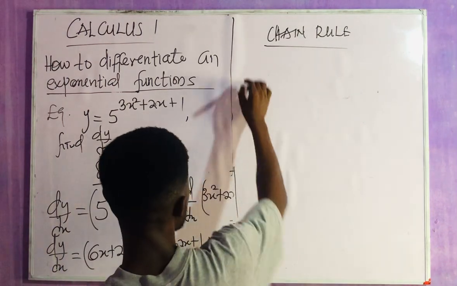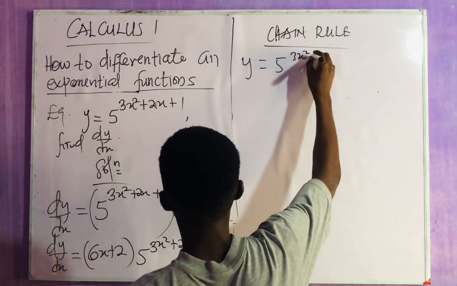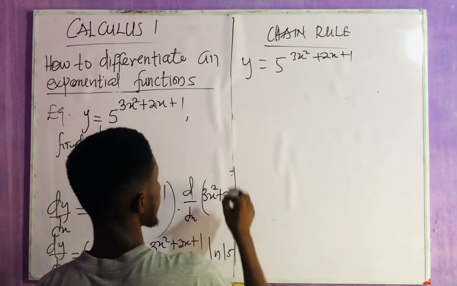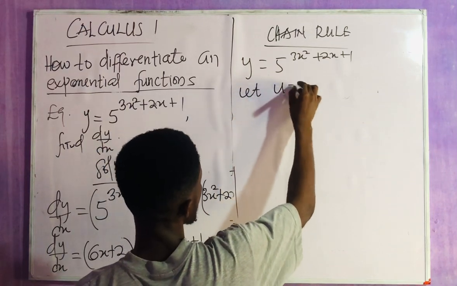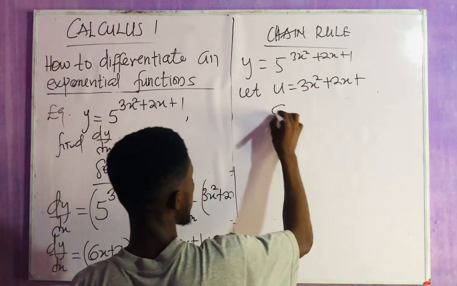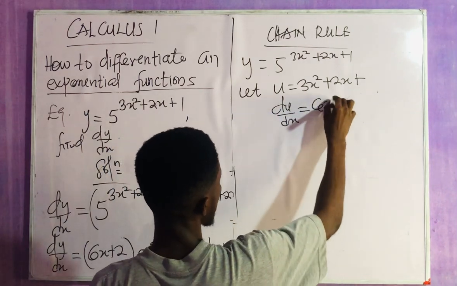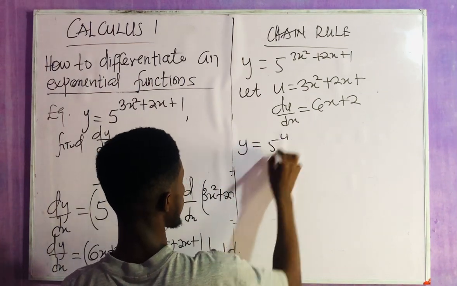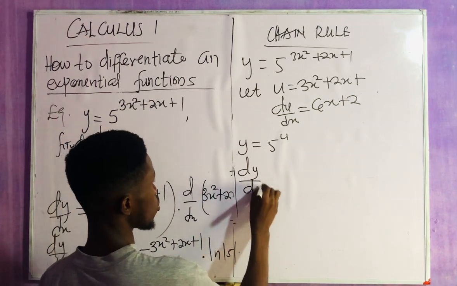For the chain rule, then write the question: 5 to the power 3x squared plus 2x plus 1. So the chain rule, first thing that I have to do is let u be equal to 3x squared plus 2x plus 1. Then differentiate u with respect to x, and that will give you 6x plus 2. It means that our y is now 5 to the power u. So we're going to differentiate y with respect to what? u.